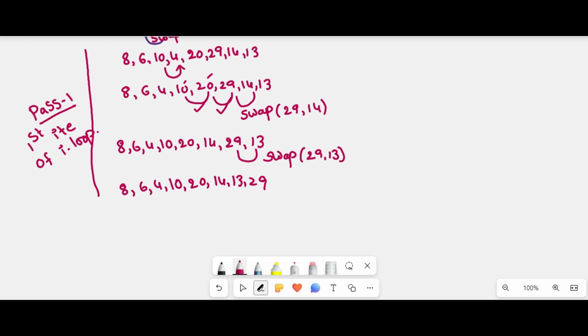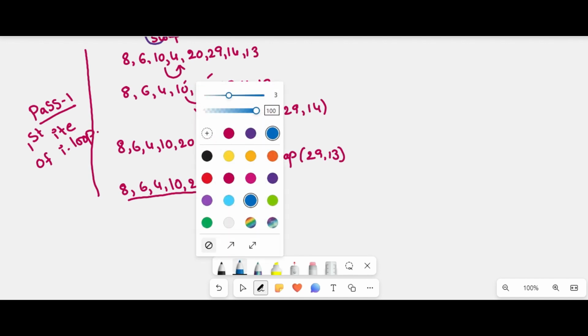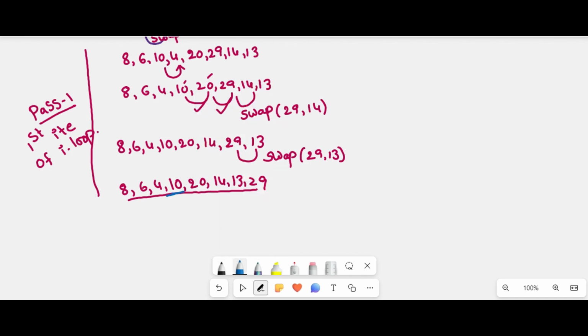Now if you observe, the largest element in the array is placed in the correct position. So in the next comparison we need not consider 29. We will check only the remaining elements and sort them.